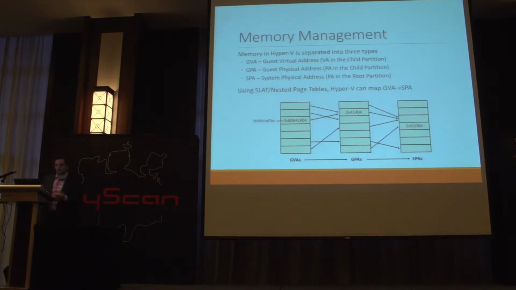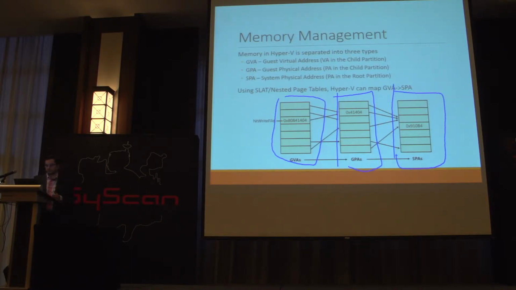Now, memory in Hyper-V is separated into 3 types of memory. What we call GVAs, guest virtual addresses, are the virtual addresses in the child partition. Then you have GPAs, which are the physical addresses in the child partition. And then you have the SPAs, which are the real physical addresses inside the root partition.